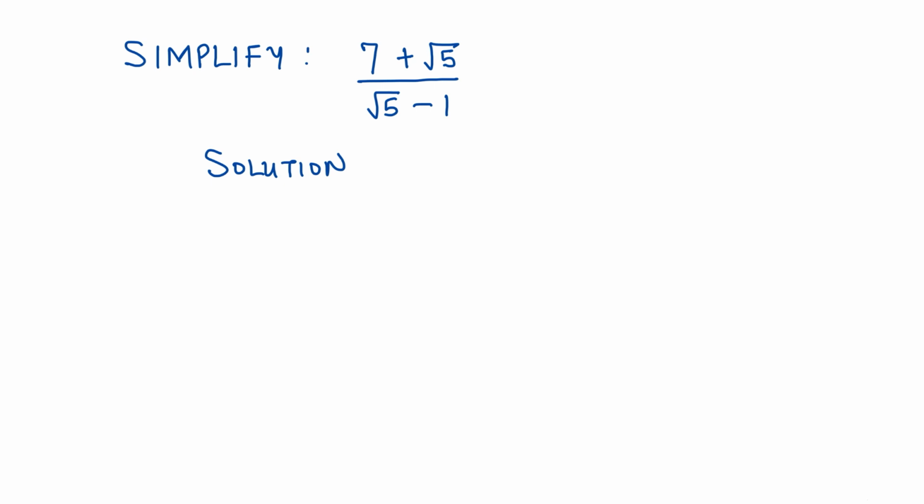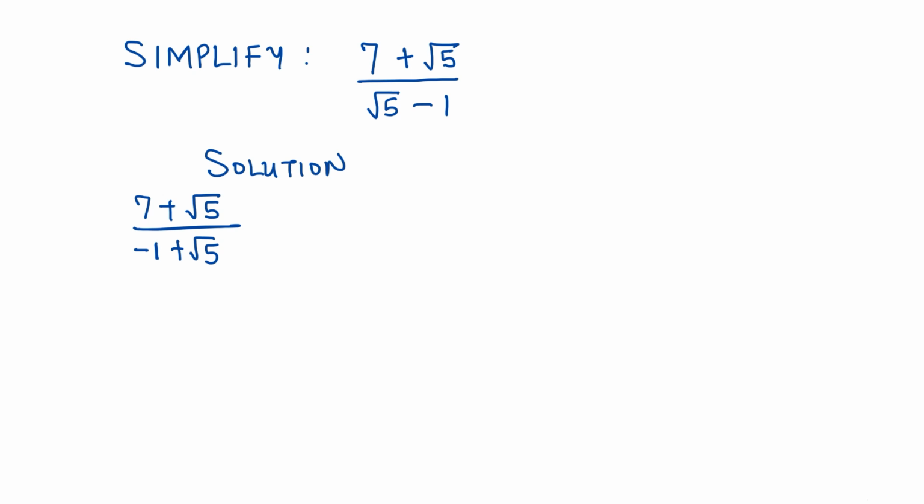Because all that we've learned is to be able to apply it to rationalizing denominators. Remember I said that you should keep the integer term as the first term and the surd term as the second. So we can rewrite our expression as 7 plus root 5 all over minus 1 plus root 5.